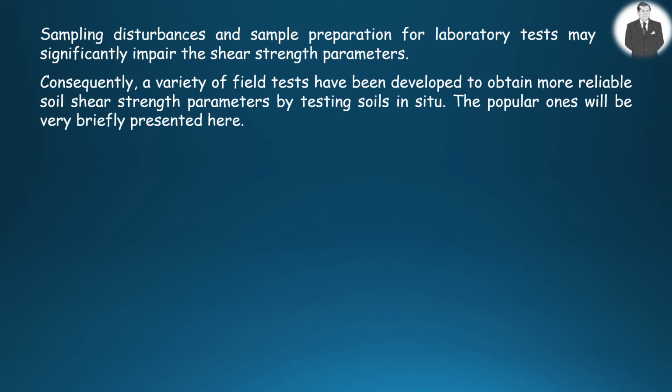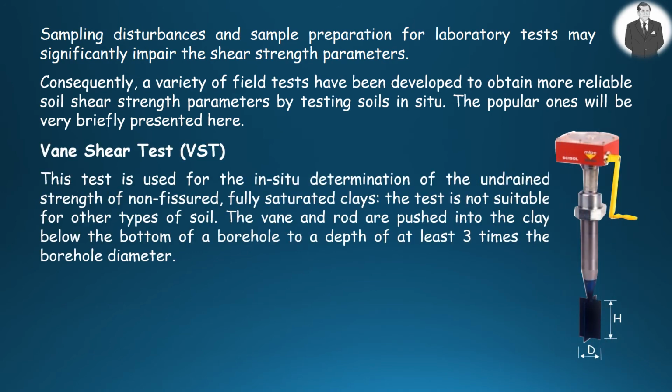The most frequently used ones will be very briefly explained here. One of them is the vane shear test. It is used for the in situ determination of the undrained shear strength of non-fissured, fully saturated clays. Therefore, the test is not suitable for other types of soil.